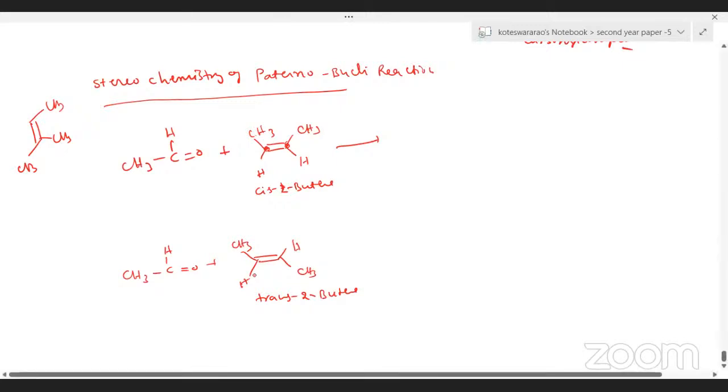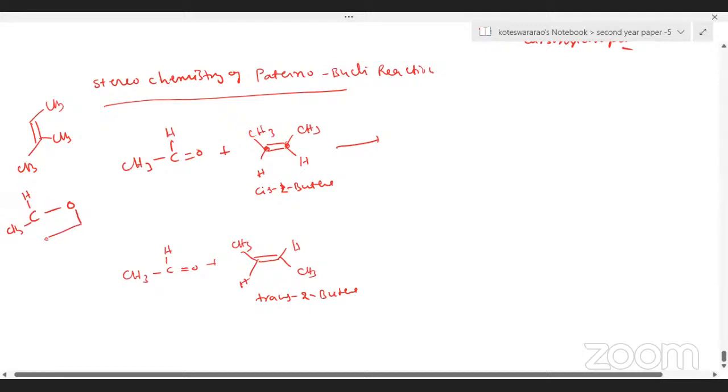Now, the olefin system is symmetrical. This symmetrical olefin interacts with the acetaldehyde, which leads to the formation of only one intermediate. Only one intermediate, but the orientation of this intermediate is different. Suppose here the intermediate is generated like CO, CH3.